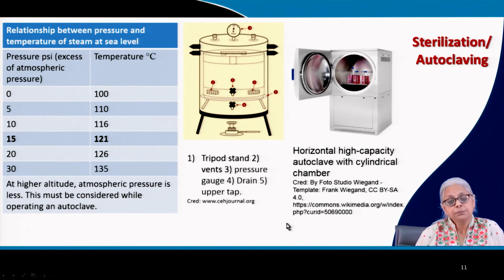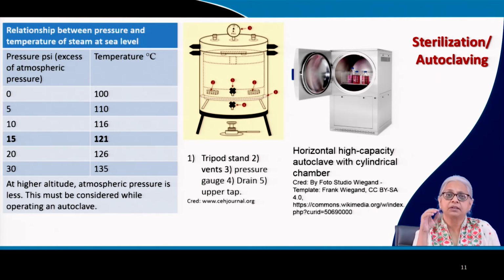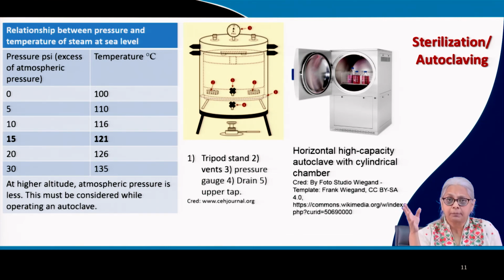There are several types of autoclaves available in the market. This one is a tripod; you can see it has 3 feet, vents, pressure gauges, a drain for the water and the steam, and an upper tap. This is very common. This is exactly what we have. And there are horizontal loading autoclaves. You can have room size autoclaves, you can have cabinet sized or refrigerator sized autoclaves.